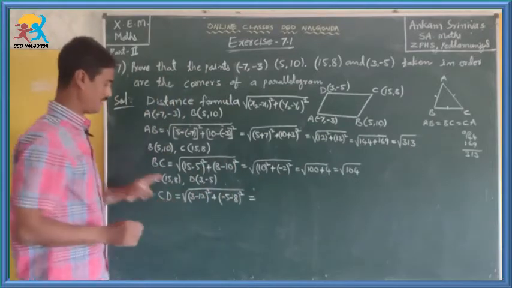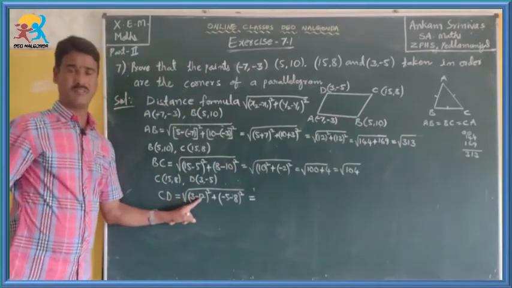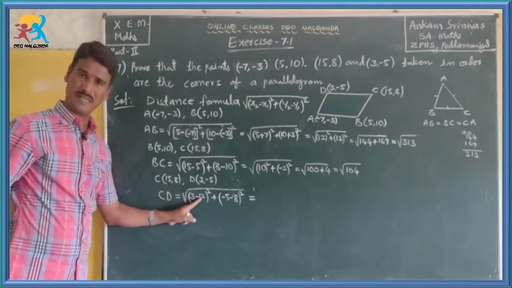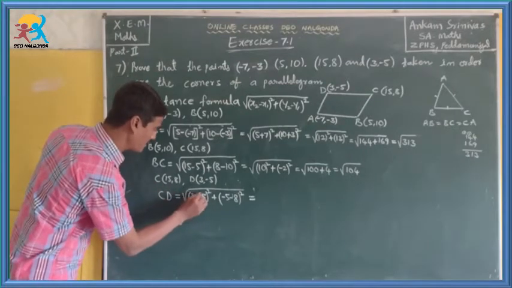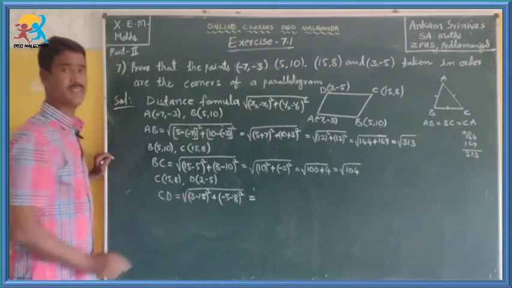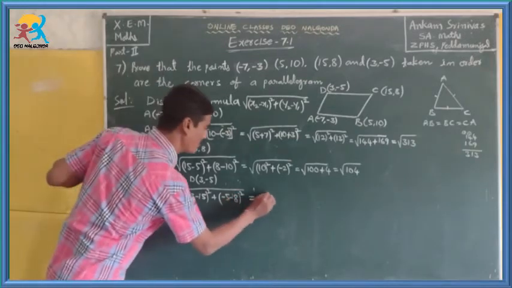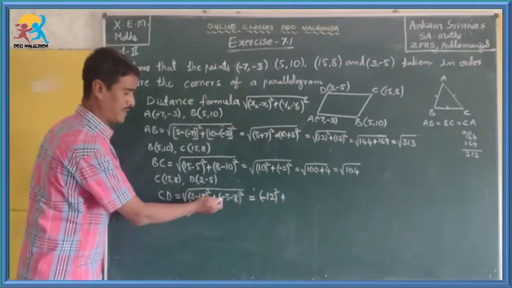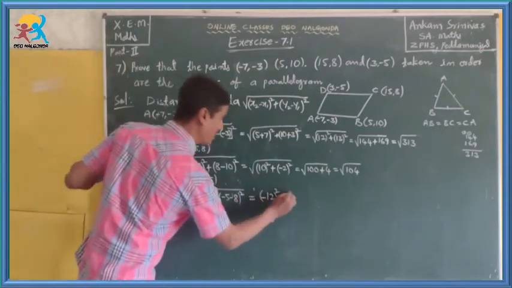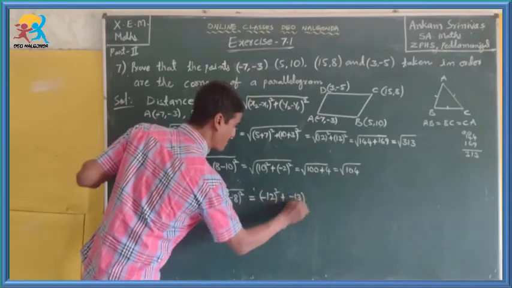Then we will get 3 minus 12. Here it is 15, okay. 3 minus 15, how much? Minus 12. Minus 12 whole square plus minus 5 minus 8, minus 13 whole square.